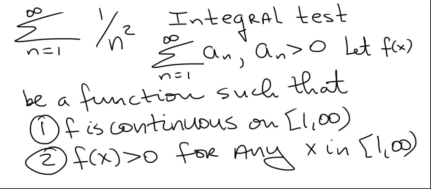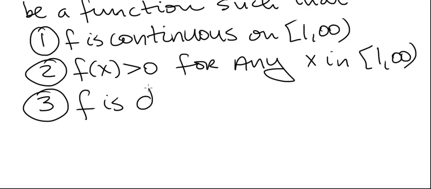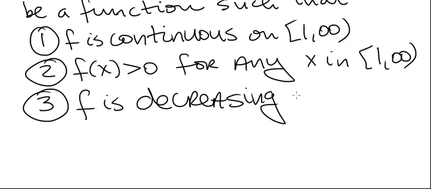Condition 3 is that f must be decreasing. So f is decreasing on the interval 1 to infinity. Decreasing means if we graph f, as we move from left to right, the graph drops.